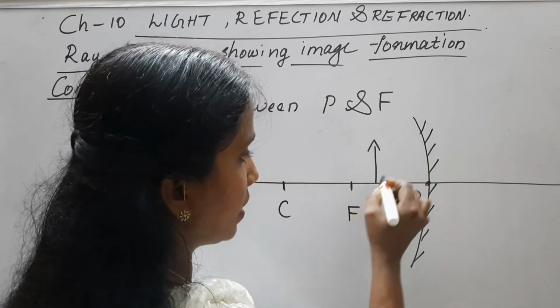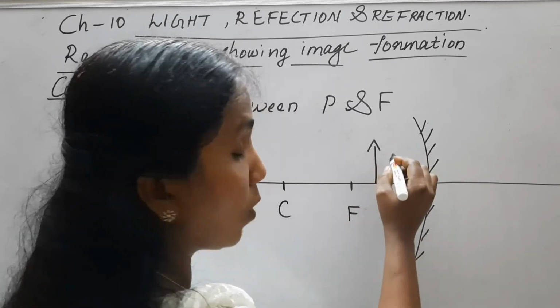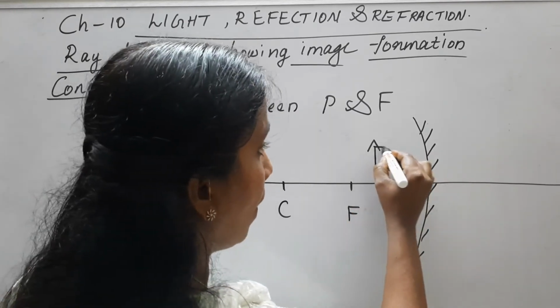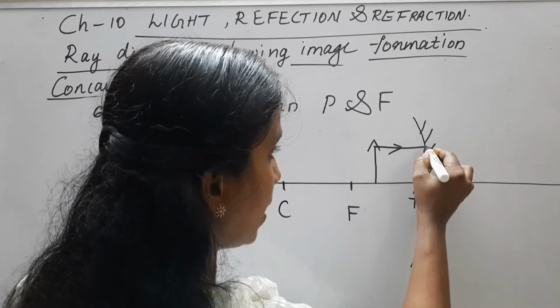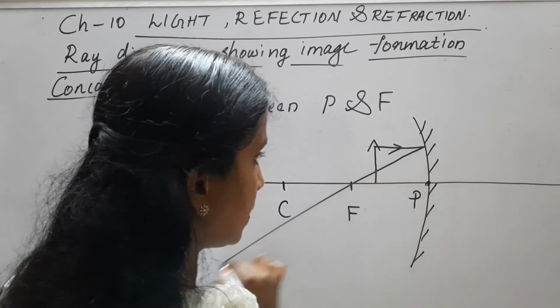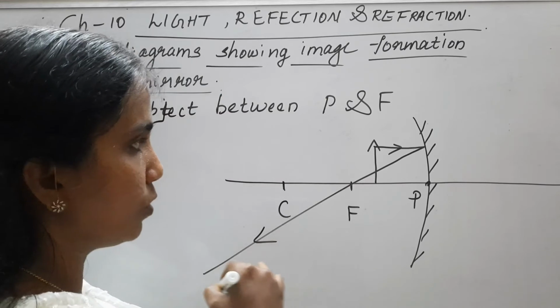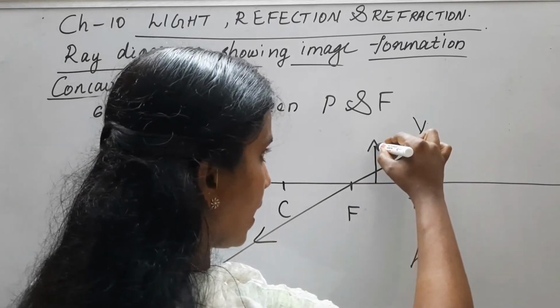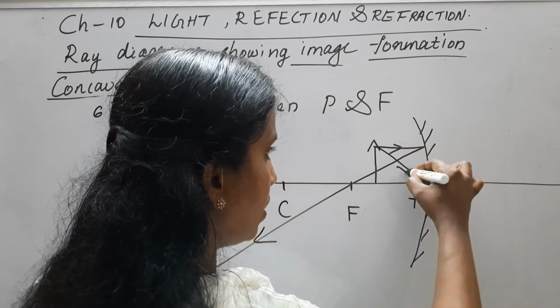Object is kept between P and F. Then first ray parallel to the principal axis, after reflection passes through focus. Second ray striking at the pole.